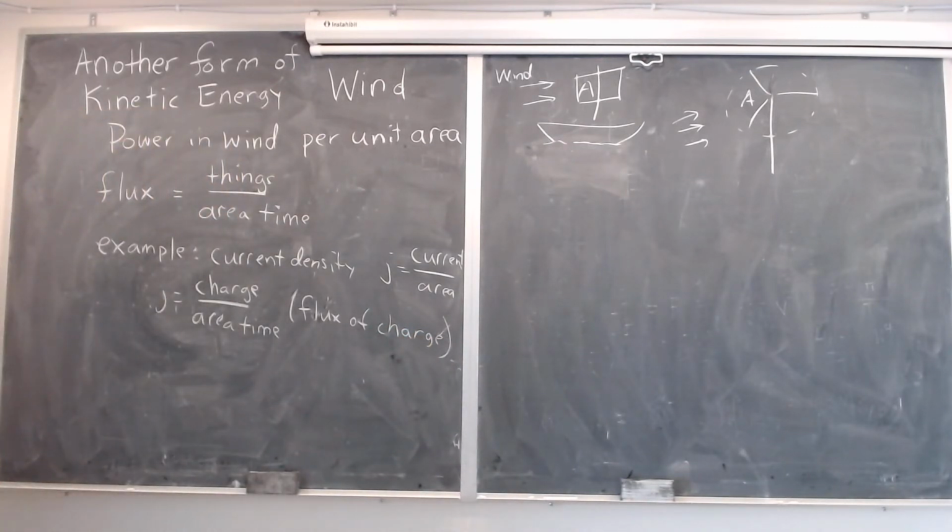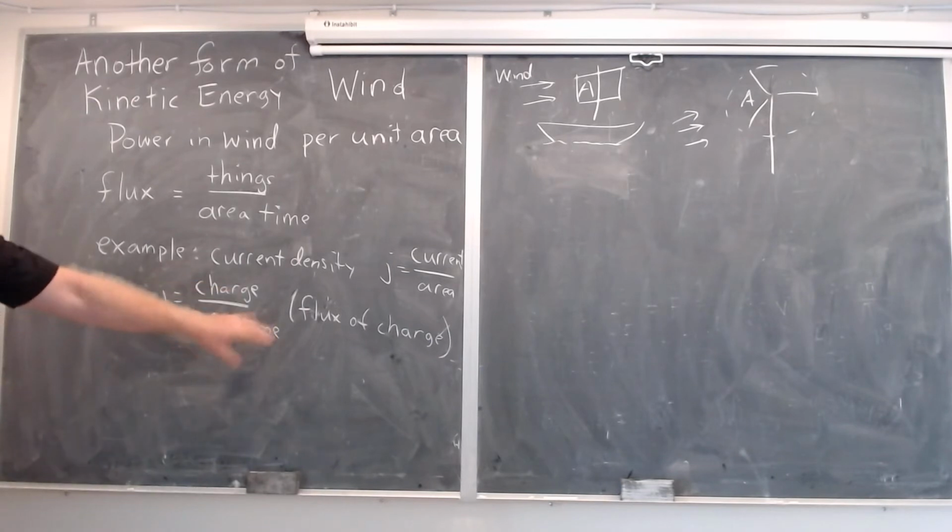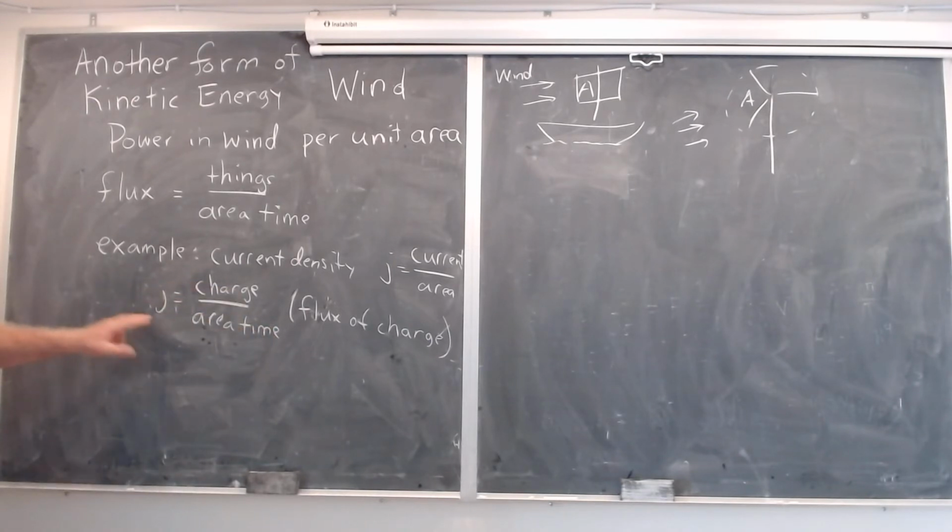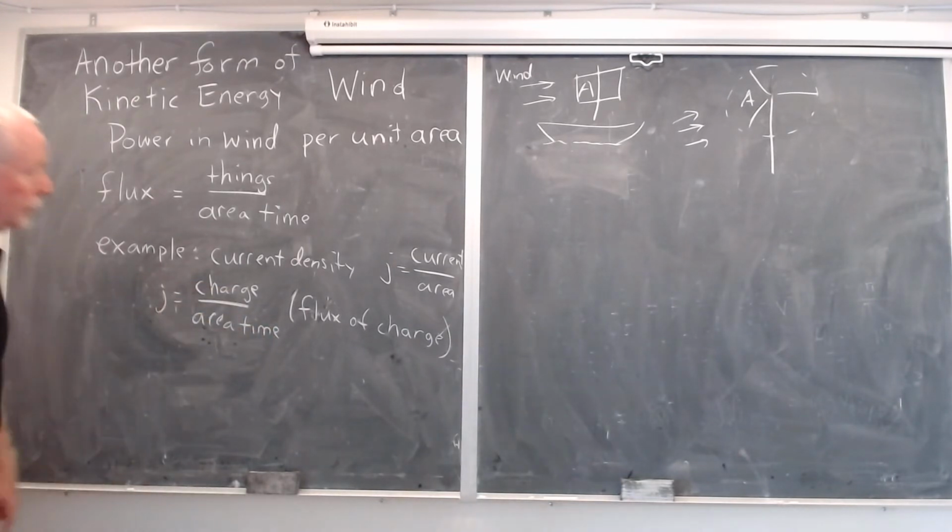Now, in the equation for flux that I'm about to write, you could substitute anything for thing. What I just showed is that you can substitute charge for thing, and then the flux of charge, the charge per unit area per unit time, is the current per unit area, J, the current density, for example.